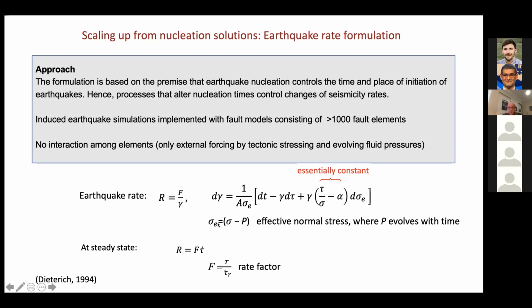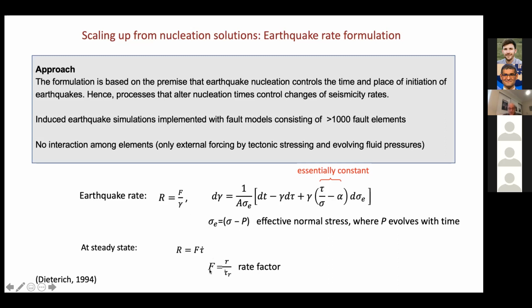And induced earthquakes, by fluid injection, enter through this effective normal stress term here and here, where the effective normal stress is the normal stress minus the fluid pressure. And a characteristic of this formulation is that at steady state, the earthquake rate is proportional to the stressing rate.